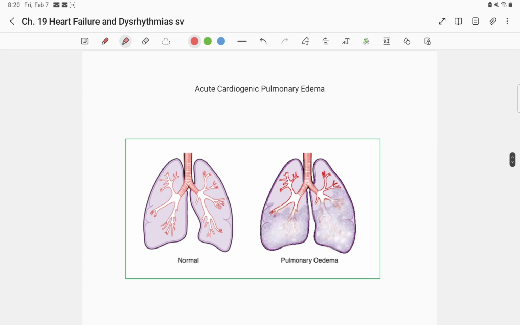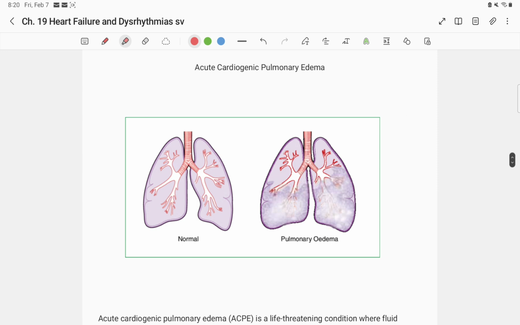Okay, acute cardiogenic pulmonary edema. Okay, you'll notice, well, first of all, pulmonary, so that's lung, edema, so fluid buildup. Acute means it's happening right now, and that's because something's wrong with the heart now affecting the lungs. So acute cardiogenic pulmonary edema.